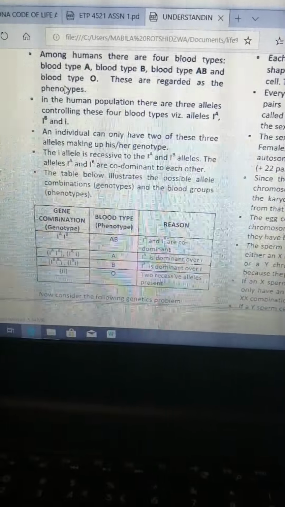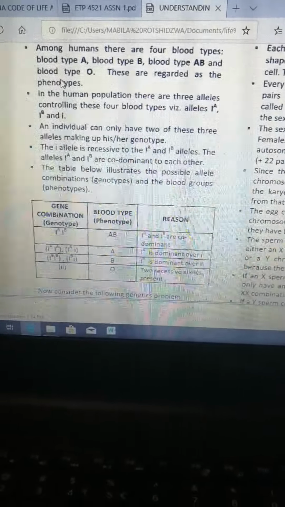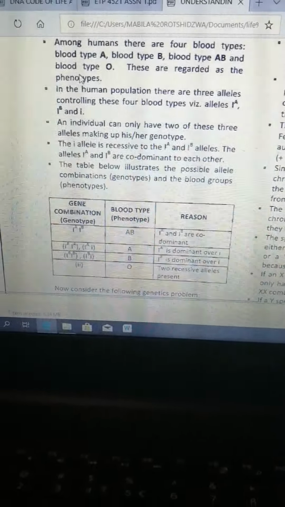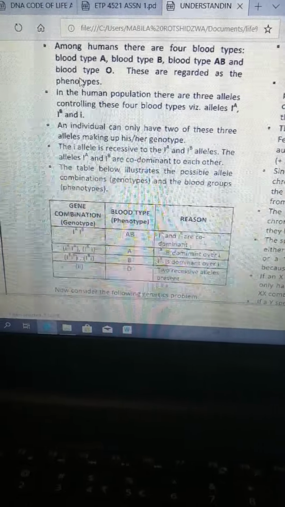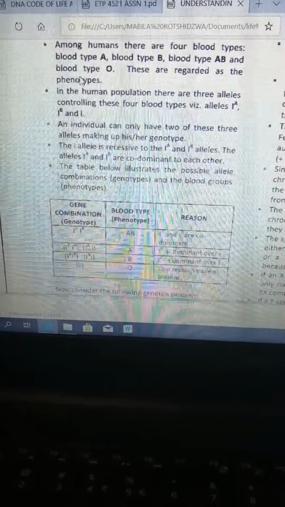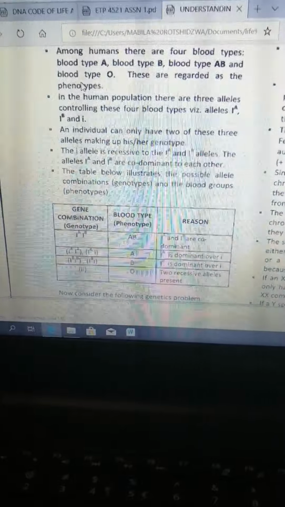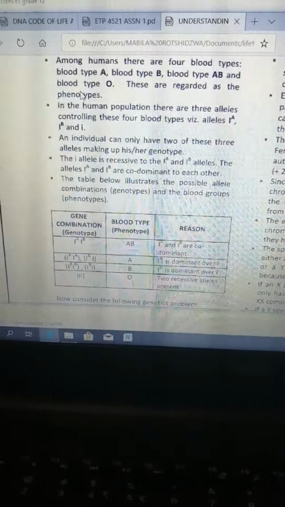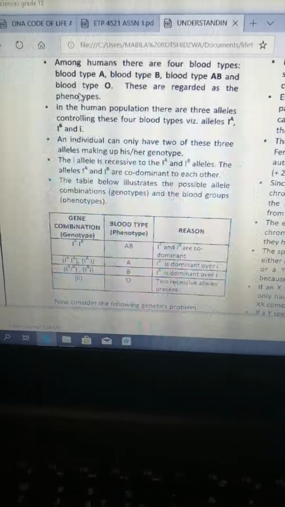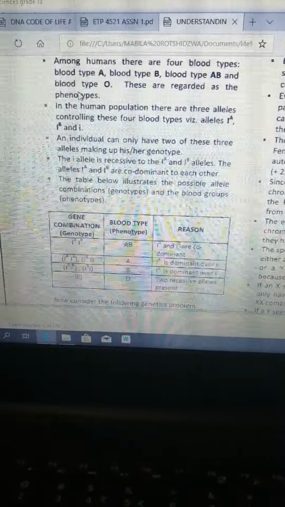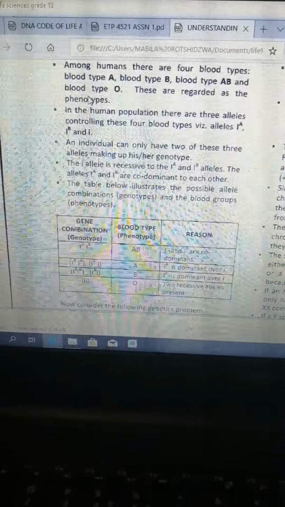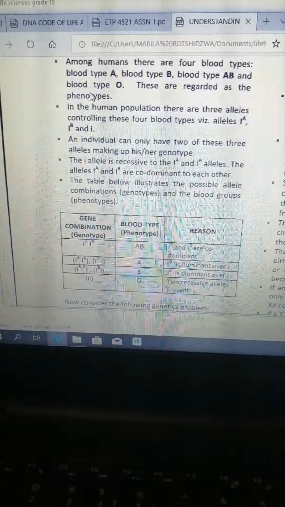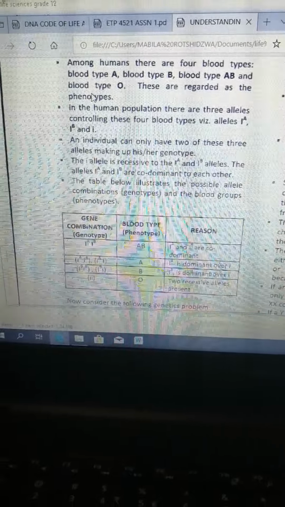Now, I've already said that the allele small letter i is recessive to allele capital letter I to the power A, meaning that the capital letter shows that this allele is dominant over the other one, which is shown by a small letter. Are we together?